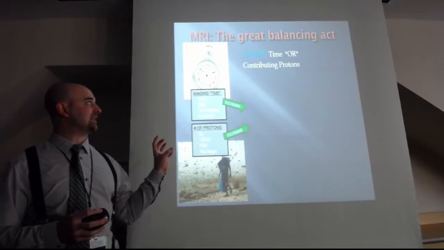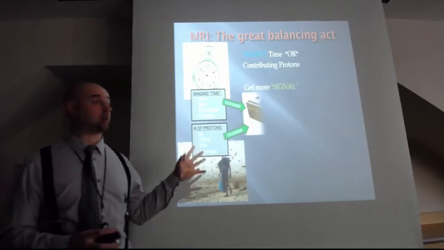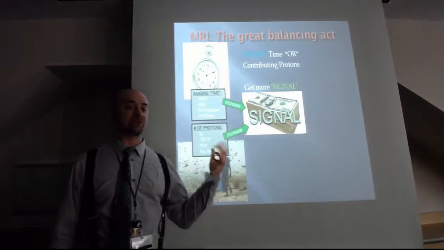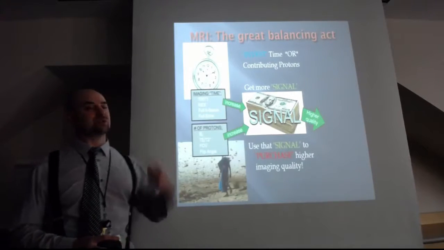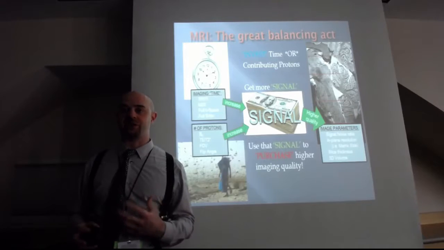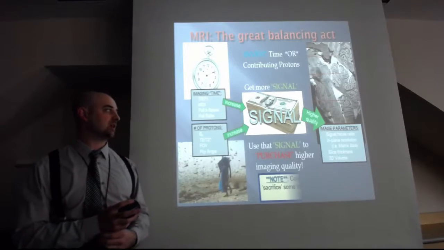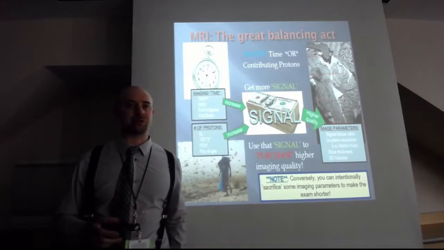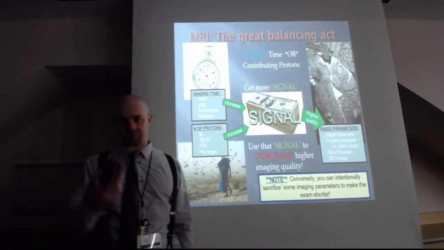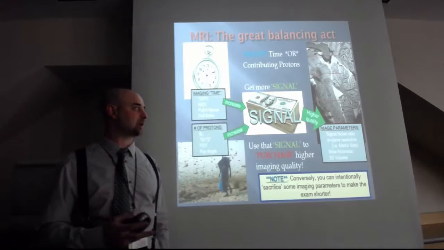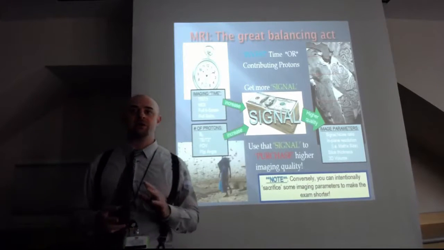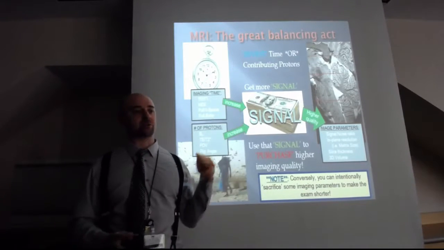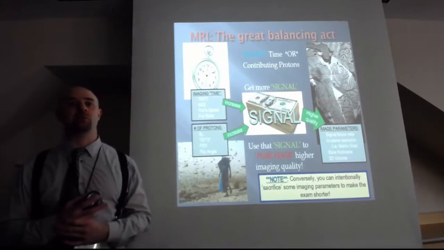Anyway, you can invest these elements of imaging to get more signal, which I told you to think of as your currency, and then you're going to use that signal to purchase image quality, essentially. And then, imaging parameters are signal noise in the form of the signal to noise ratio, and also spatial resolution. Now, take note, you can run this in reverse, kind of like I was saying with imaging time.